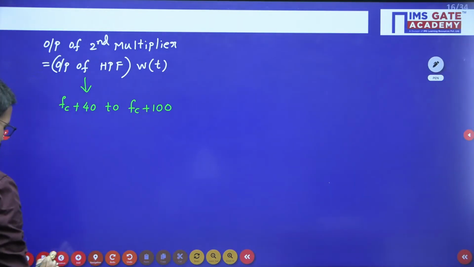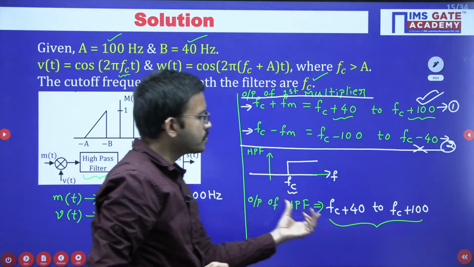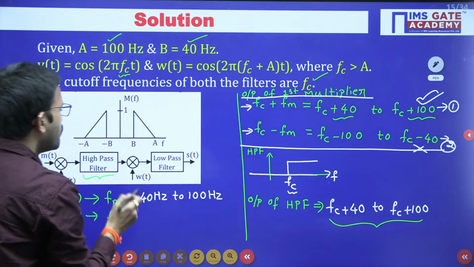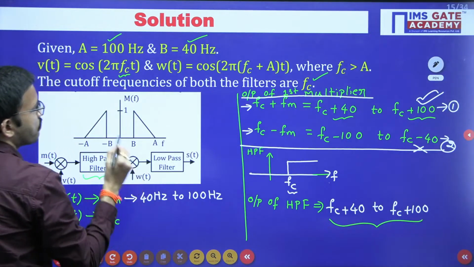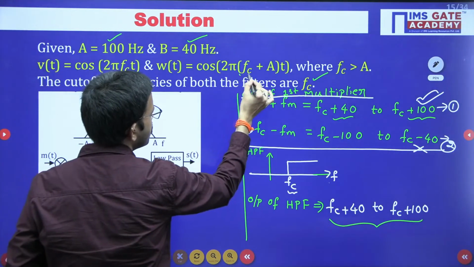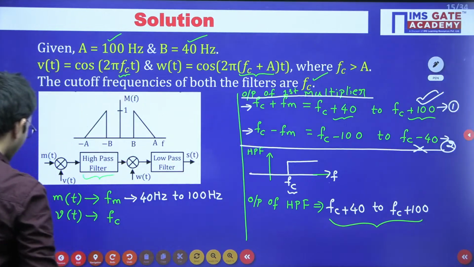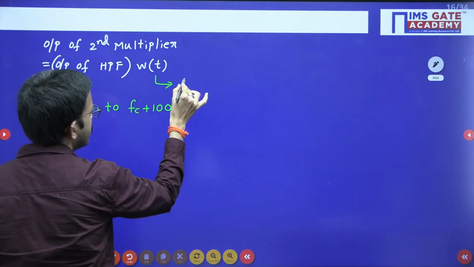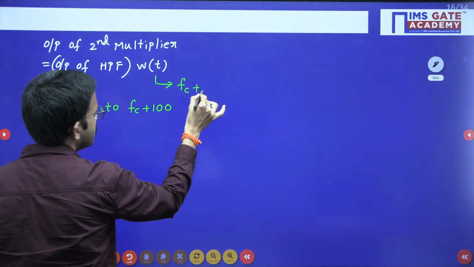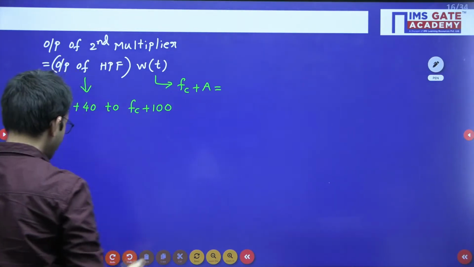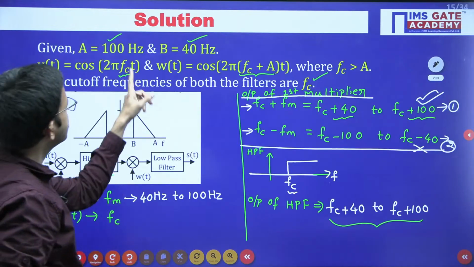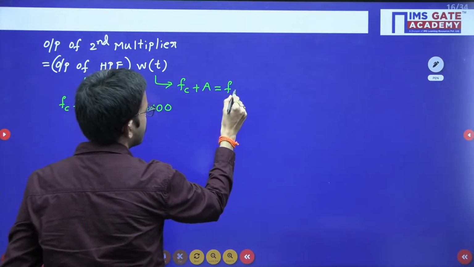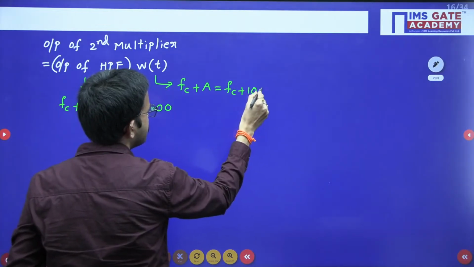Now regarding w of t, the frequency we are operating at is Fc plus a, where a is nothing but 100.